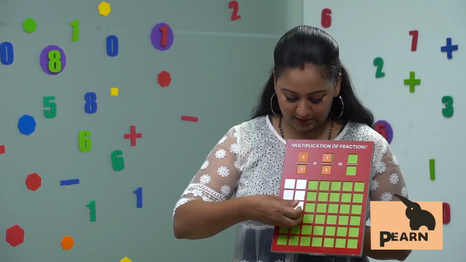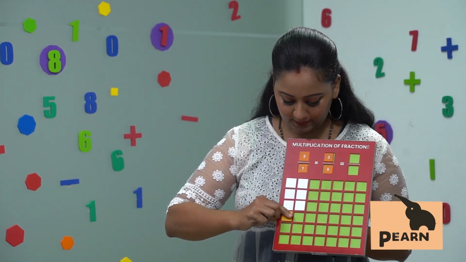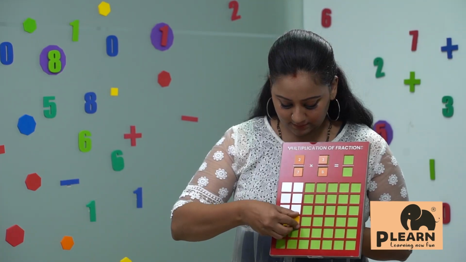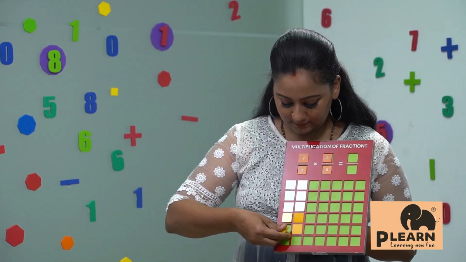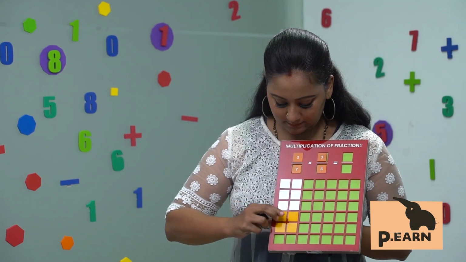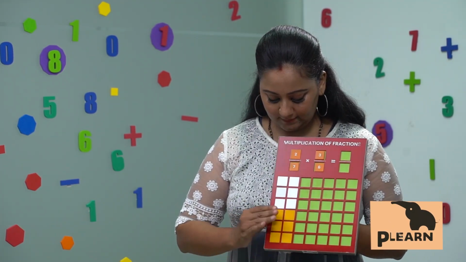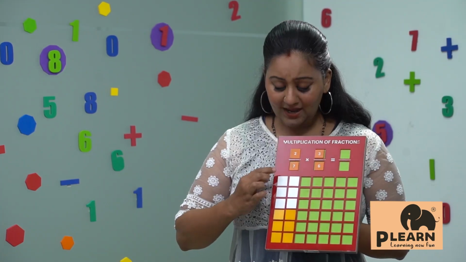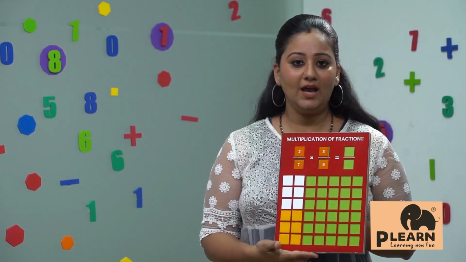So I'm going to fill these 2 columns here. So I have filled 2 columns out of the 7 columns which we have.